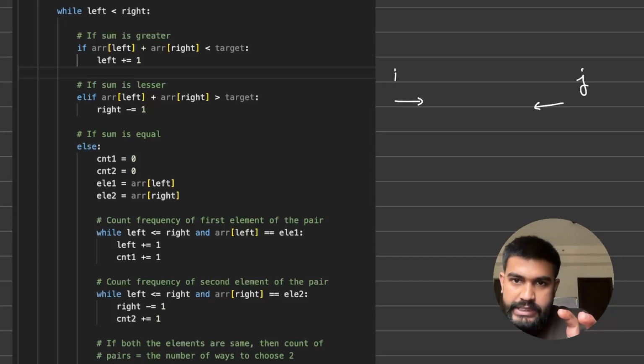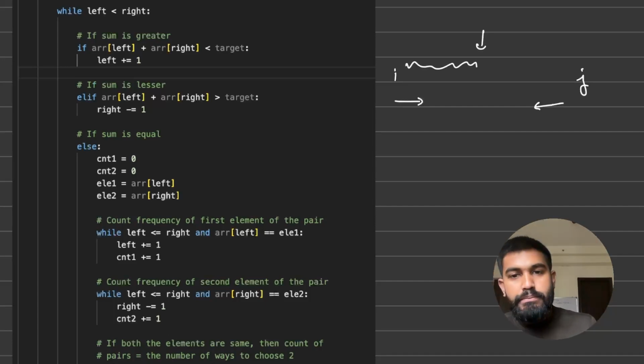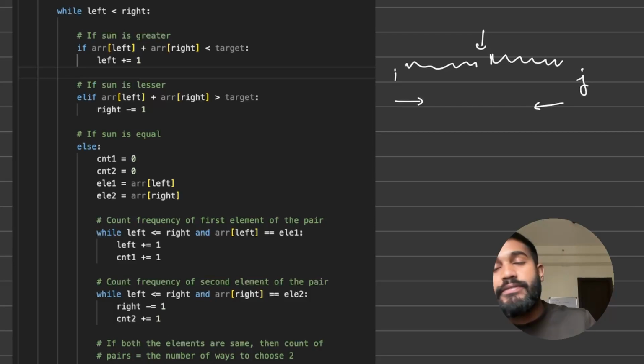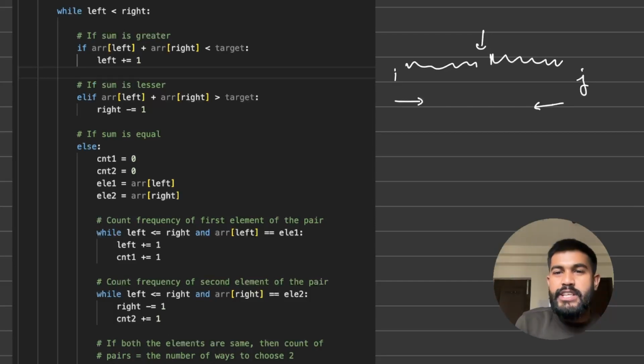So I can say that even if they meet in between, all the points before this were visited once by i, and all the points after this were visited just once by j. Okay, so they both are moving this way and they would eventually meet.